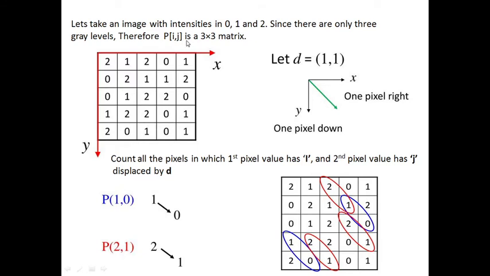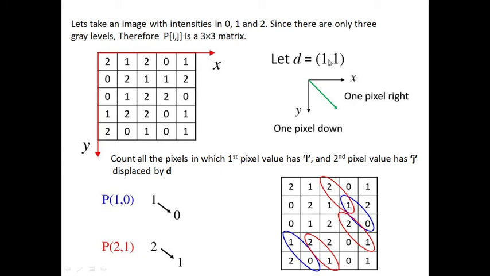Now this GLCM captures properties of a texture, but they are not directly useful for further analysis. Before explaining this point elaborately, let me find out how one can obtain the GLCM from the given input image. So let D equal to 1, 1.